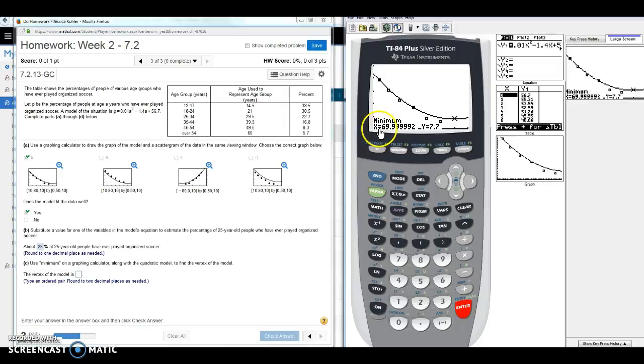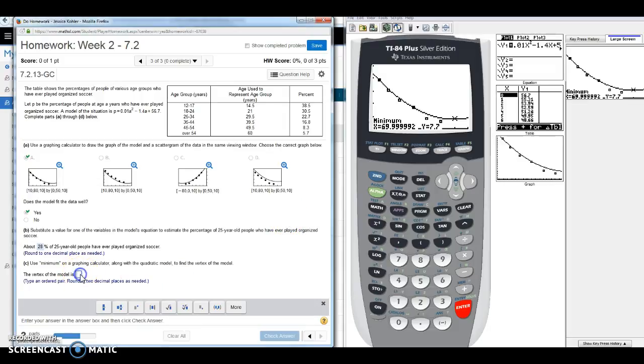And it said the minimum value is 69.999, so that's going to be 70 when I round to 2 decimal places. So at age 70, that's the age, and the lowest Y value at that vertex is 7.7.